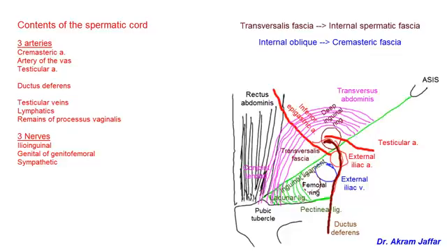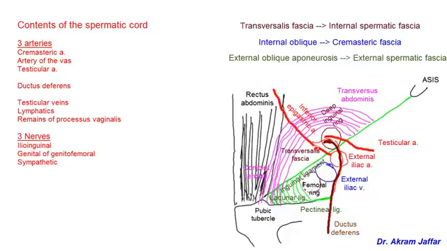This sheath, in fact, is not only a fascial sheath but contains muscle fibers derived from the internal oblique muscle, and these muscle fibers are called the cremaster muscle fibers. As the contents of the spermatic cord pass through the superficial inguinal ring, they will acquire another sheath from the aponeurosis of the external oblique muscle, and this is called the external spermatic fascia.